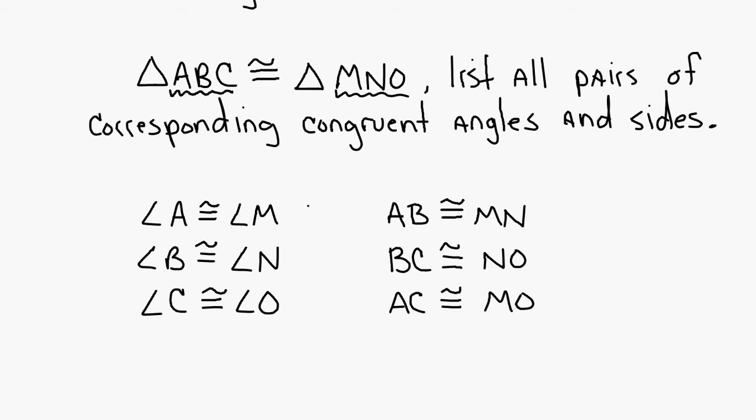Take a look at example 2 on the top of 240, using corresponding parts of congruent triangles. You're given that triangle EFH is congruent to triangle GFH. And then they give you a picture of the two triangles.